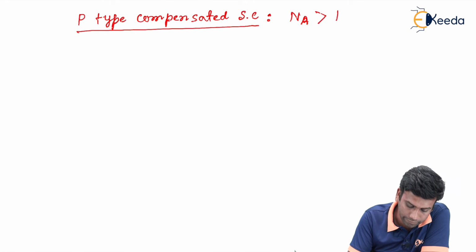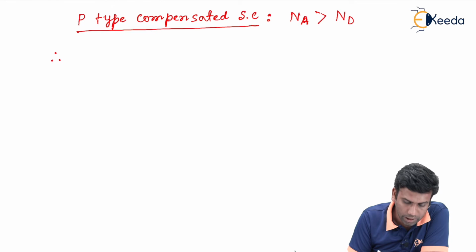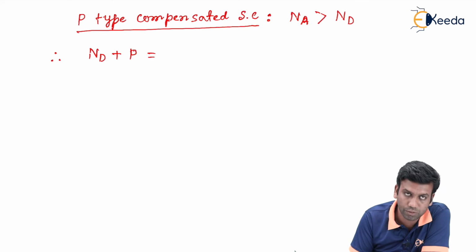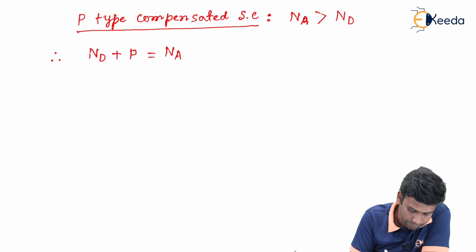greater than the value of donor ion concentration. So according to the charge neutrality condition, we can write that total positive charge, that is Nd plus p, will be equal to the total negative charges, that is Na plus n.